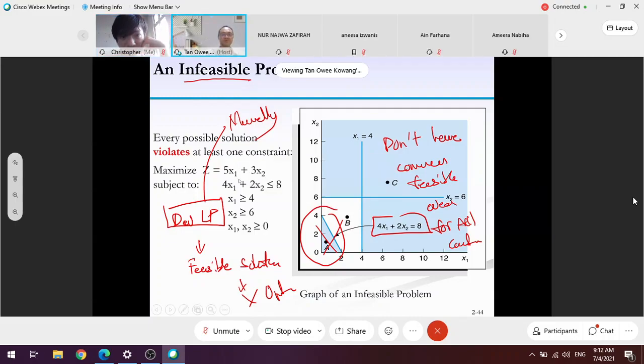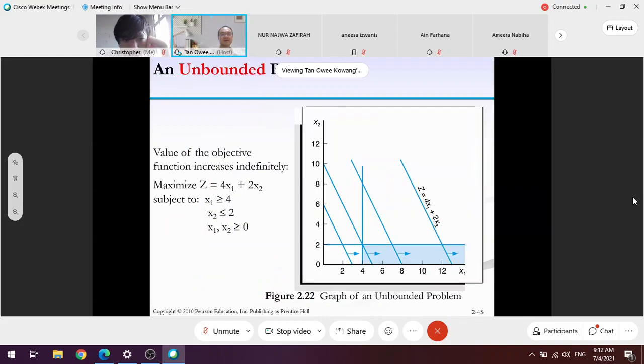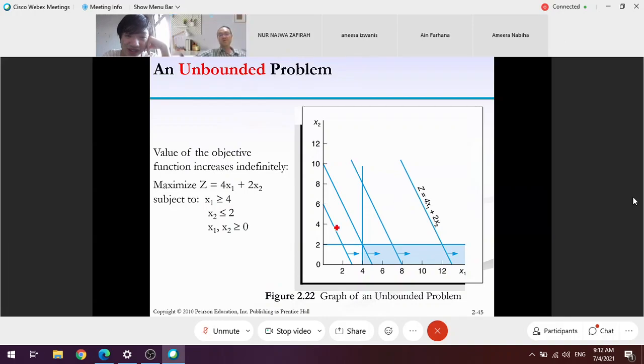The third one is very tiring. The third one is a linear programming where you use the objective function and move it forward, outward, but there's no ending. The door is open, the door is not closed. There's no border here. You keep on moving your constraint line, but there's no last point that you touch. Why?